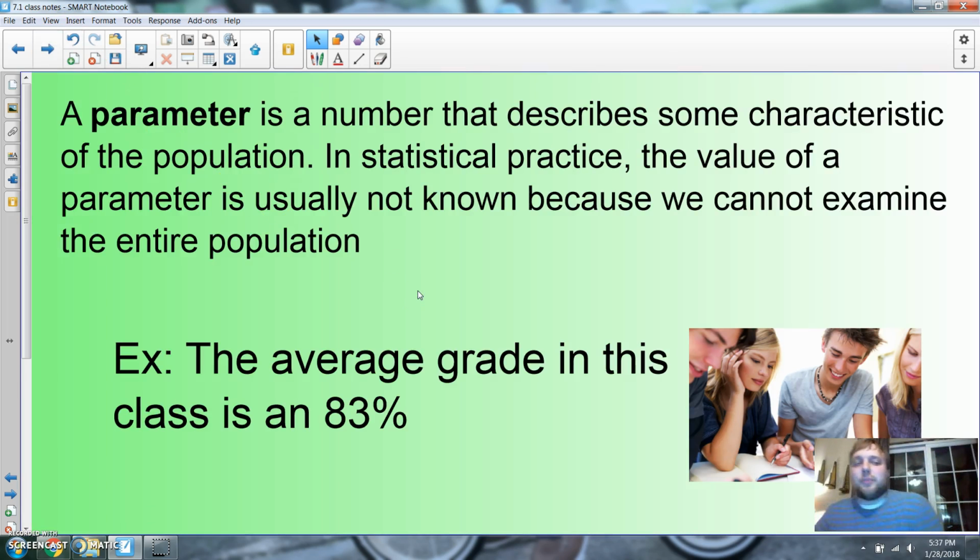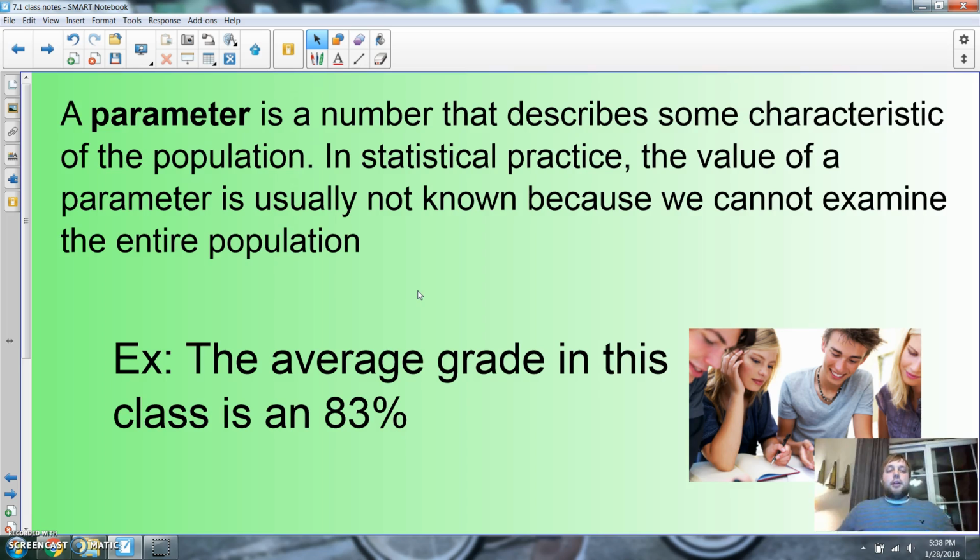Here we go. Some verbiage you want to make sure you get down. A parameter is the data for the entire population. For instance, the average grade in this class is an 83%. That is a parameter. That is everybody in the class.